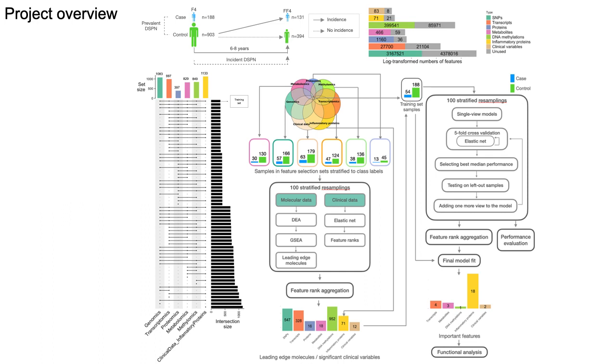At the end, I have all of the performance results, so I evaluate at which complexity of the model we have the best performance. I also look at the feature space to extract the most important features to analyze their functions and also the association to the mechanism of the disease.